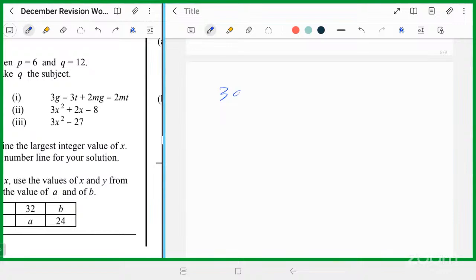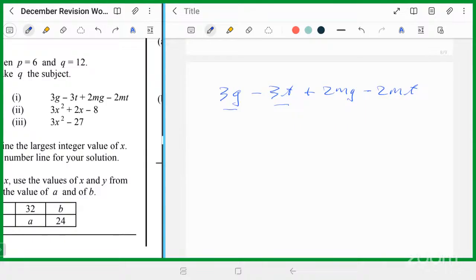So it's 3g minus 3t plus 2mg minus 2mt. When I'm factorizing by grouping, normally, most times the answers end up with those double brackets like that. So you're looking out for that, right? The process really is, you look at the first two terms for a common factor, which is going to be a 3.